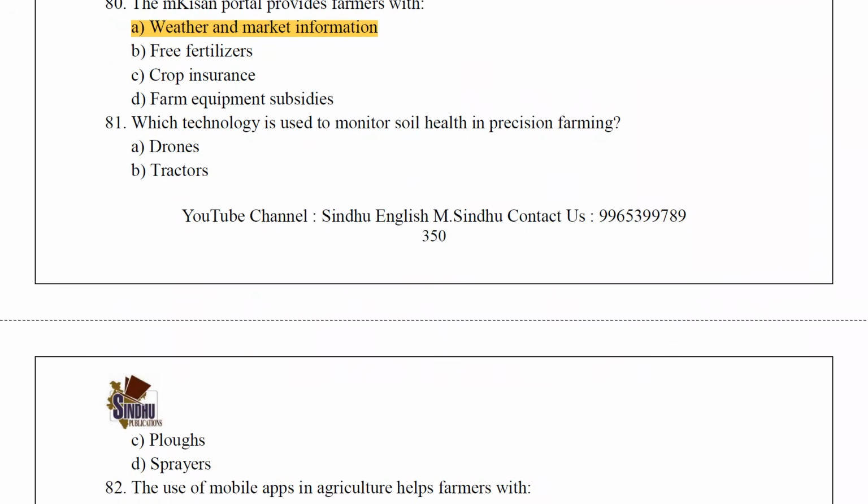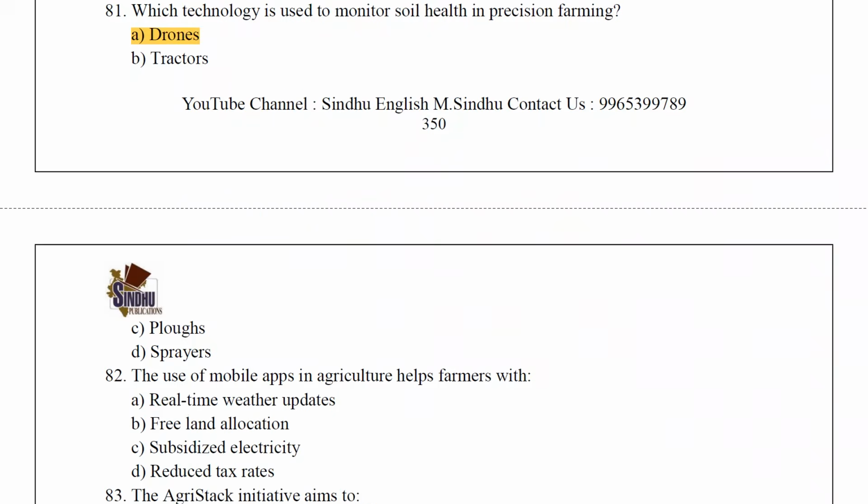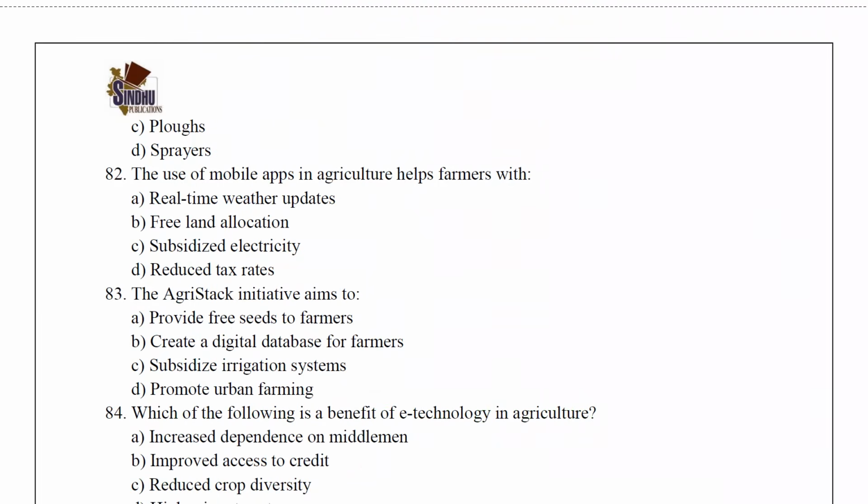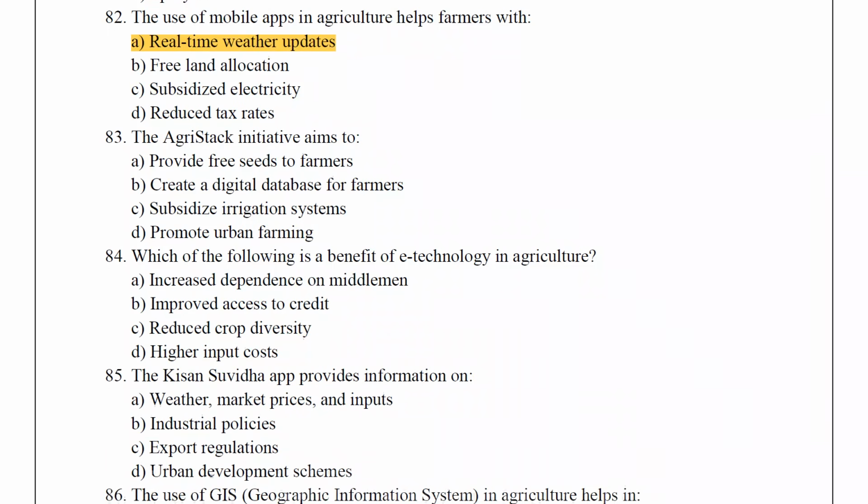Which technology is used to monitor soil health in precision farming? Drones. The use of mobile apps in agriculture helps the farmers with real-time weather updates. The AgriStack initiative aims to create a digital database for farmers.